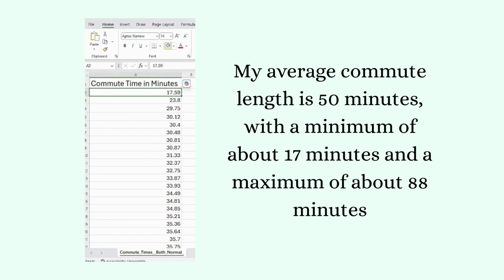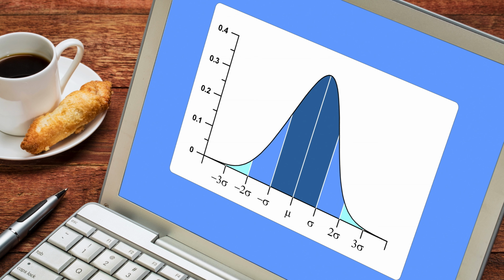While knowing the minimum, maximum, and average of my commute time could be helpful, there's a lot more we can learn from the data we collected, and this is where the standard deviation comes in. In the simulated dataset, the standard deviation came out to be 10.